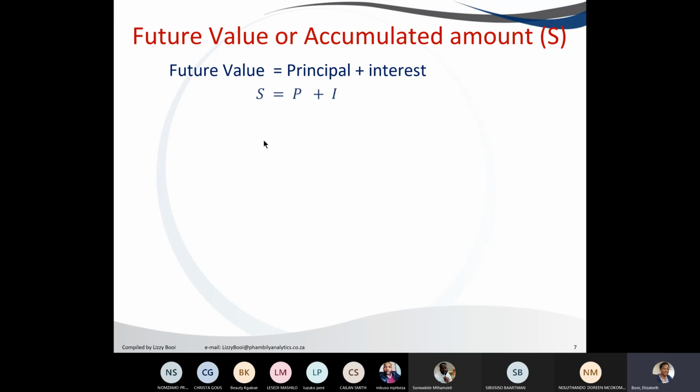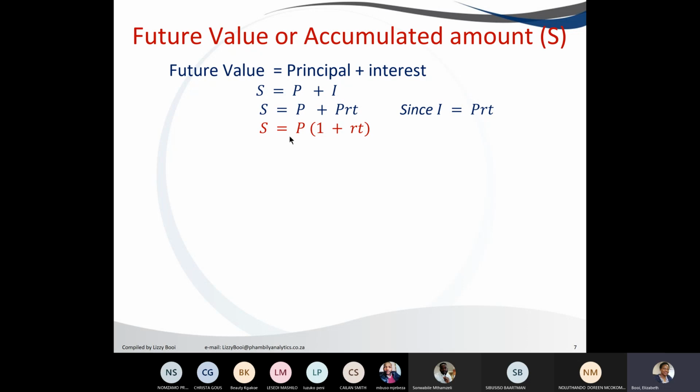We know what the formula looks like. We know that principal is P and I is interest, and our interest is P times R times T. If we write this as a formula, we get S equals P times (1 plus RT), because we take P out as a factor, and P as a factor will remain with 1, and what remains is RT.